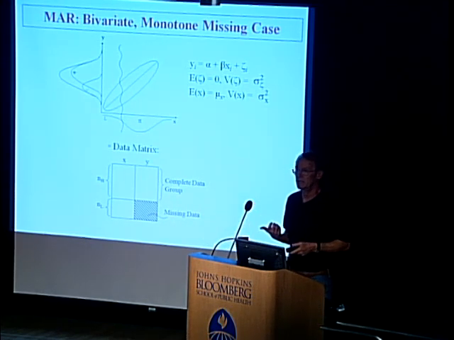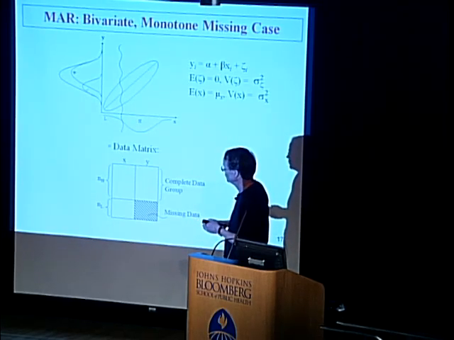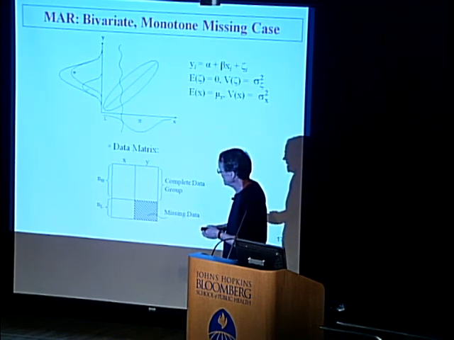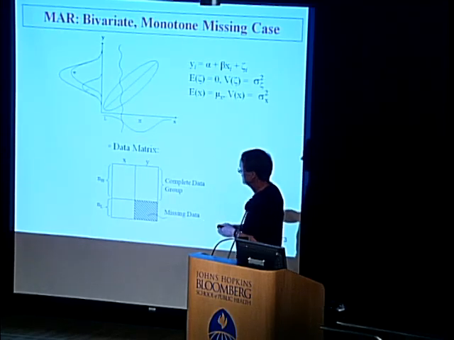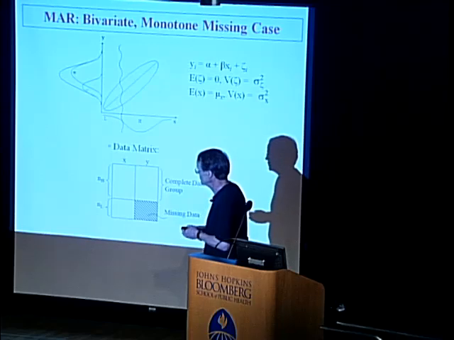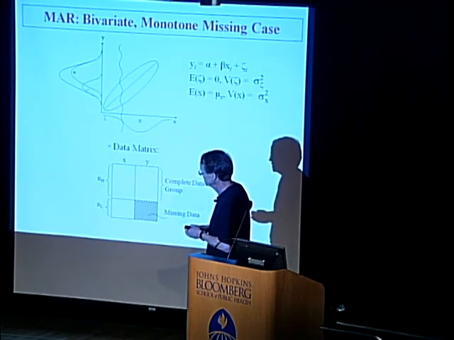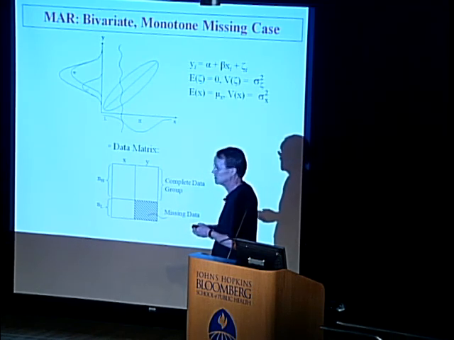The interesting thing here, the crux of the matter, is that if you're interested in the mean and the variance parameters for Y, it is useful to use information on X, even if you don't have Y. So using this little square of people, those people's X values will help you estimate the mean and the variance parameter for Y. You're likely to do better in the estimation of those Y parameters if you use all available data, not only this box of complete data people, but also this box who have only X information.